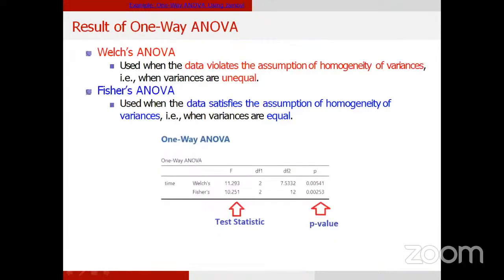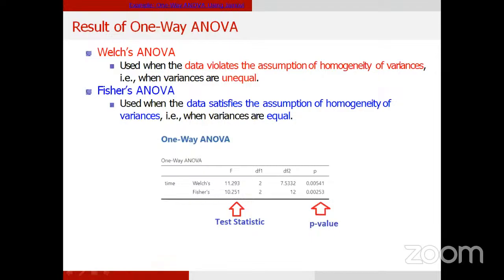Welch's ANOVA is used when the data violate the assumption of homogeneity of variance, that is, when the variances are unequal. Fisher's ANOVA is used when the data satisfy the assumption of homogeneity of variance, that is, when the variances are equal. What is the p-value now for Welch's? In hypothesis testing, if your variances are not equal, you can go with Welch's test.